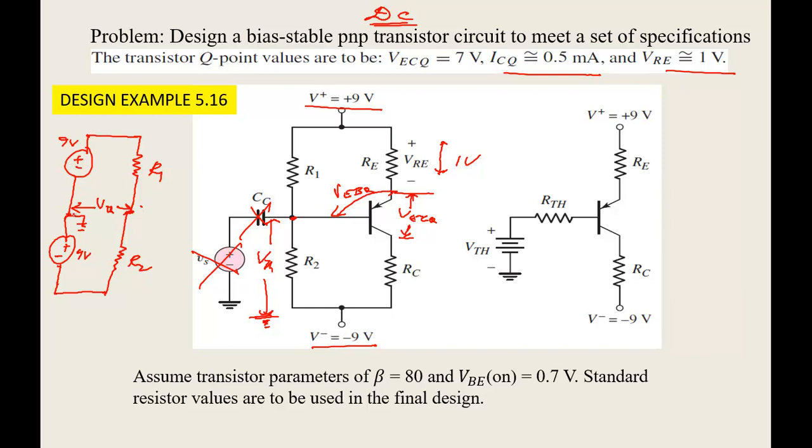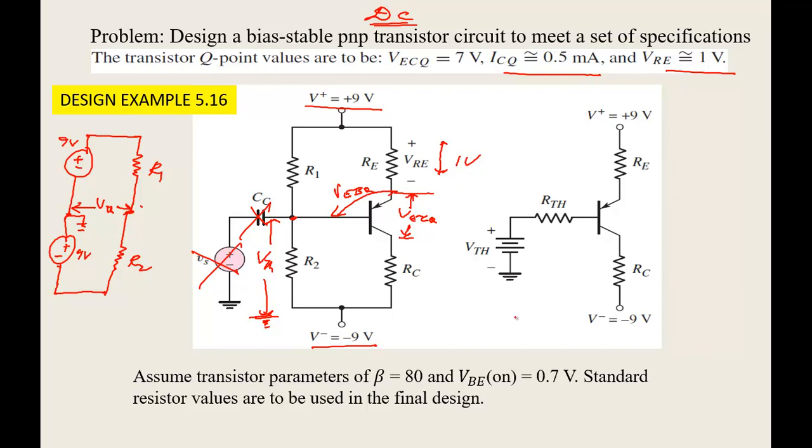And if the top one is grounded, then VTH is the voltage across the resistor R1, so it becomes R1 by R2 plus R1 into the other 9 volts. Like that you need to find out your VTH. But if you ground both the sources, you will have R1 and R2 in parallel. If you reduce that, the circuit becomes like this.